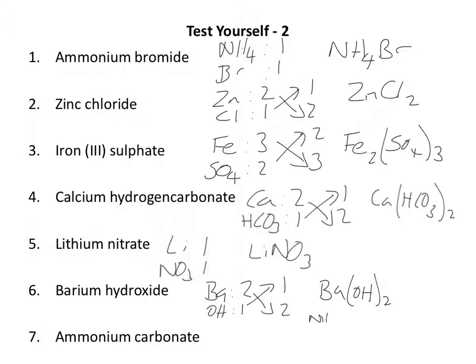We've got ammonium, which is 1, and carbonate, which is 2. We swap them over. Okay, 1 and 2. We won't need brackets for carbonate because there's only 1 of them, but we will need brackets for ammonium because there's 2 of them, and ammonium came first, so we have ammonium in the brackets and 2 of them. I'm struggling to write on my screen, and then carbonate here.